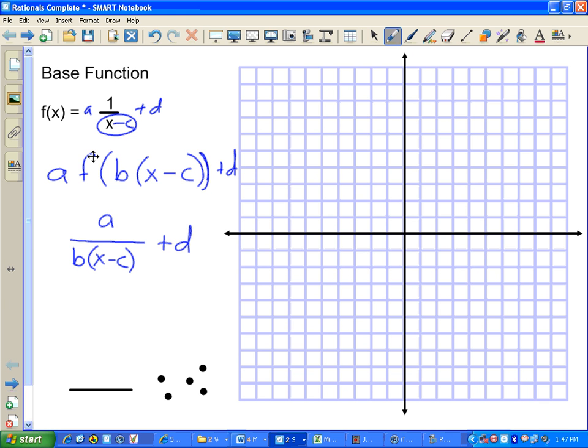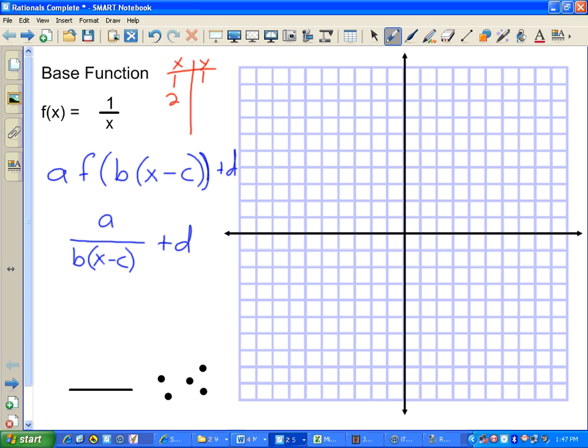So let's look at just a couple examples. We'll start off with a real simple example. If we graph our actual base function, I know that y is 1 over x, which means y is the reciprocal of x. So if I make a real quick table, if I put in a number like 1, 1 over 1 is 1.